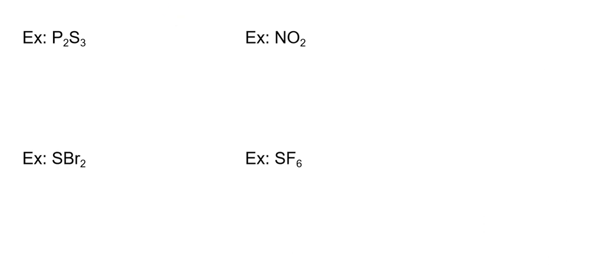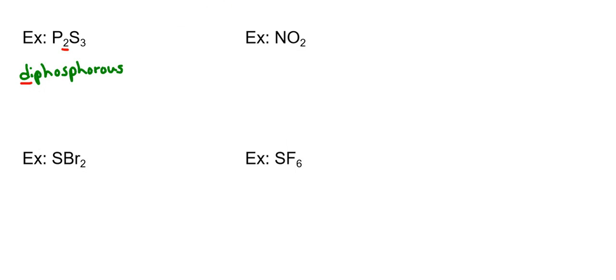So here's a few examples for us to take a look at. And we can see we have phosphorus and sulfur. So I have 2 of the phosphorus, which means it's going to be diphosphorus. And I don't change the ending on this one because it's not the second element. It's just diphosphorus. Again, this 2 here from my chart led me to the di prefix.